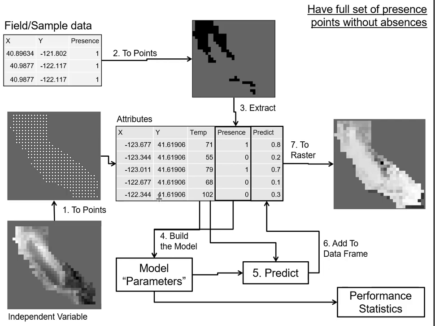But more likely, we're going to take our entire study area and convert it to points. So take one of our independent variables, convert it to points. Then we're going to build a new table that has presence and absence, or zeros and ones. In other words, where something was found and where it wasn't. It's going to represent our entire area. And then we use that to build our model, resulting in our model parameters or our final model. Then we can use that against itself to predict something like habitat quality for an entire area, okay?